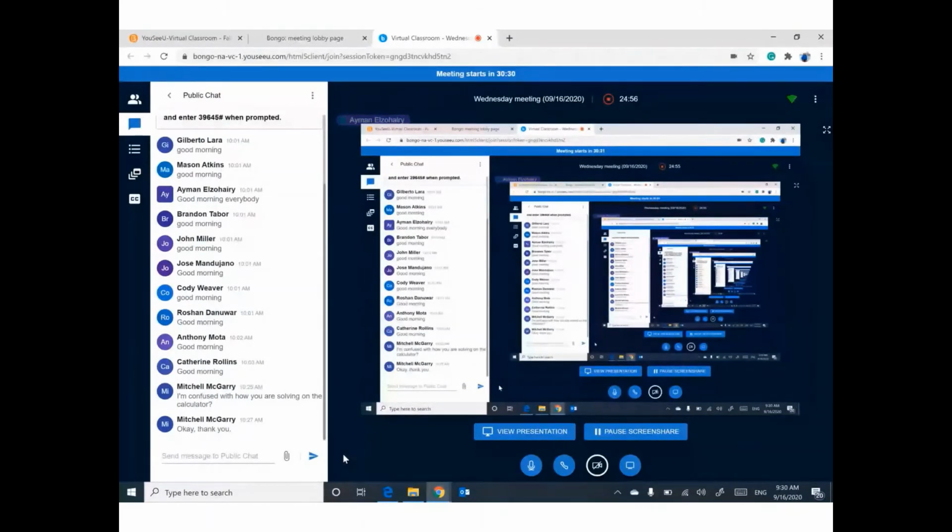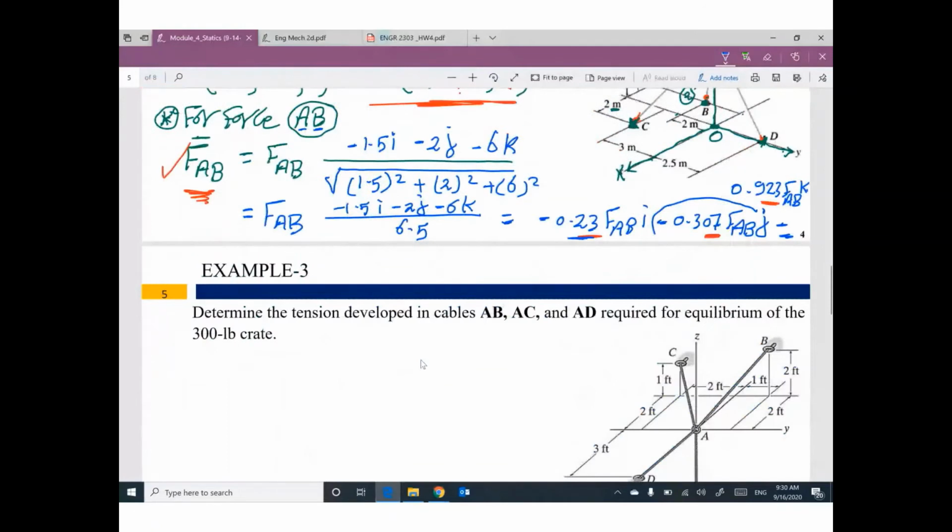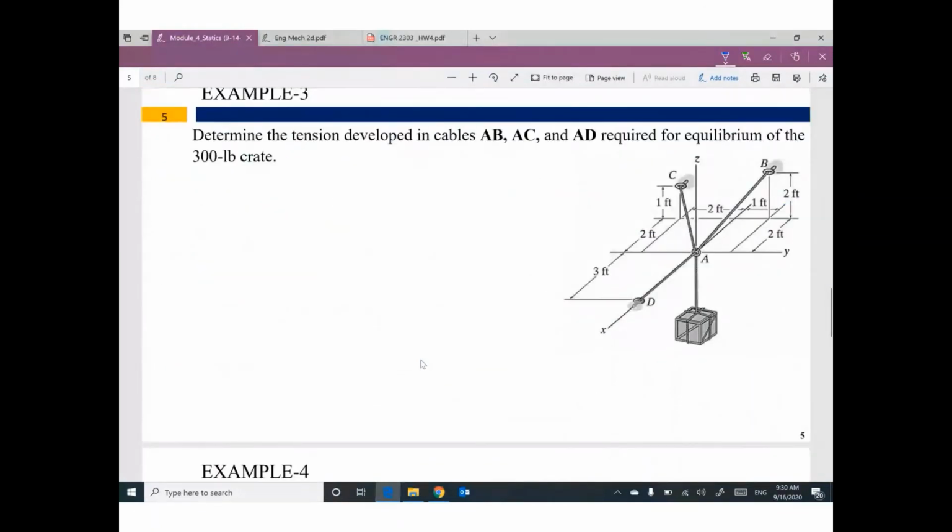Let me repeat what I did one more time with another example. We have a crate, a box, with weight. How much? 300. The weight of this box or crate equals 300 pounds. As you remember, weight means vertically downward.